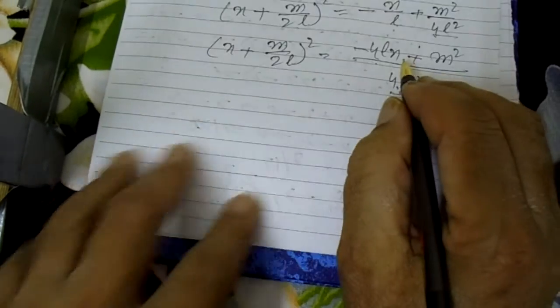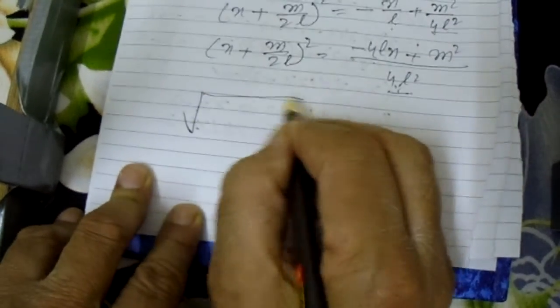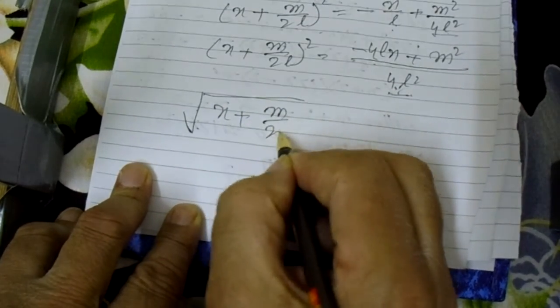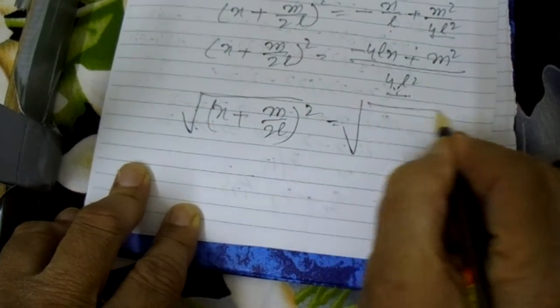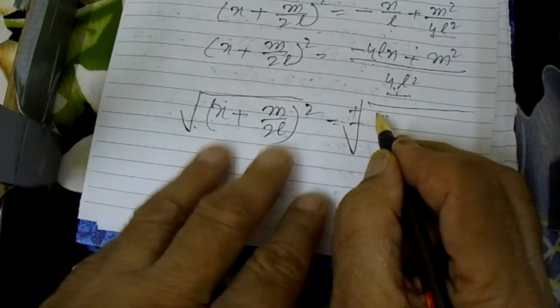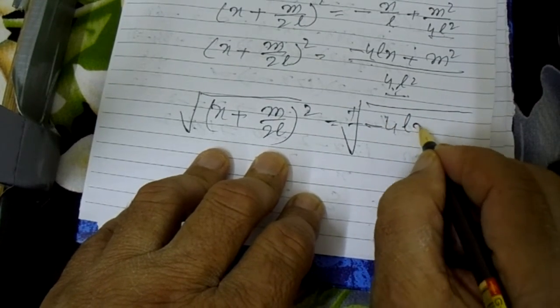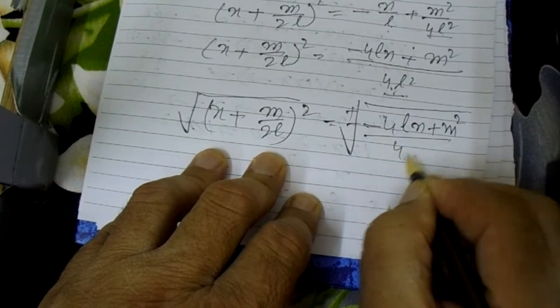Now taking the square root on both sides, we write in radical form x plus m over 2L whole square is equal to plus minus under root of m square minus 4Ln over 4L square.